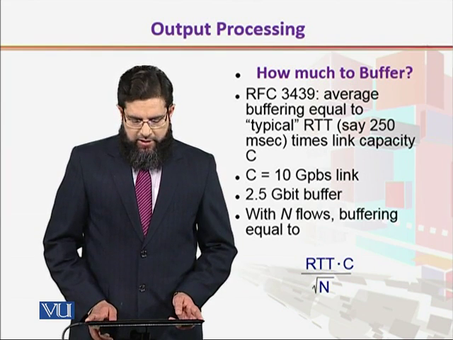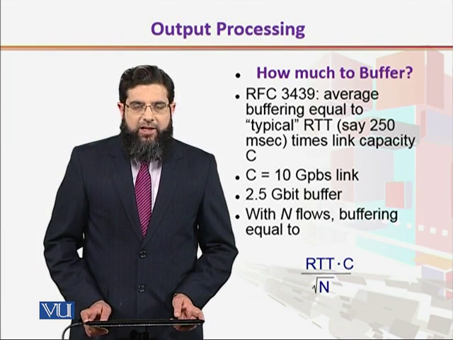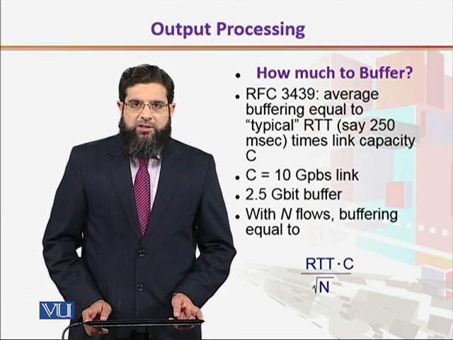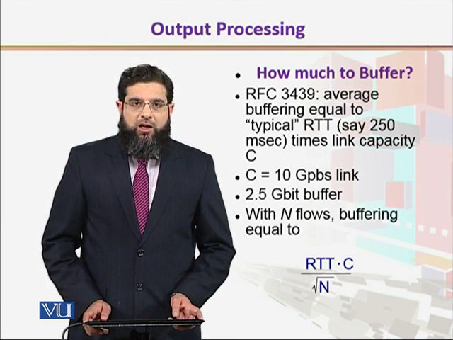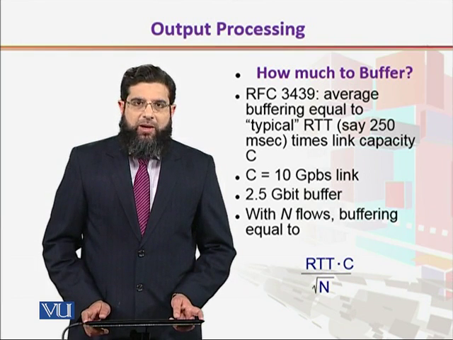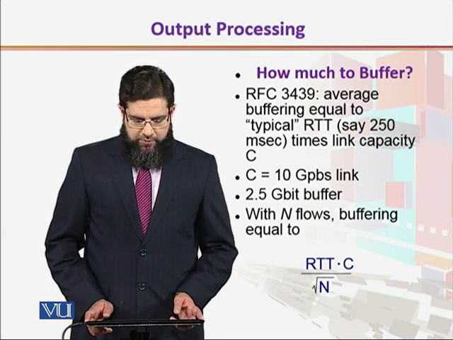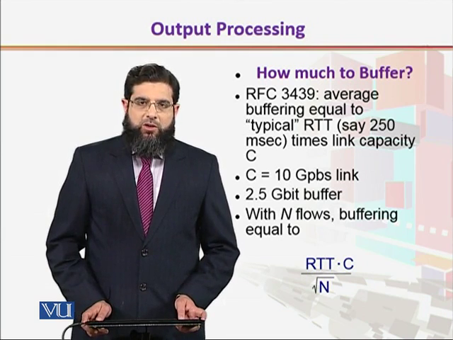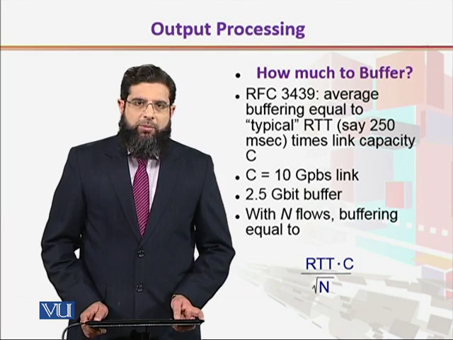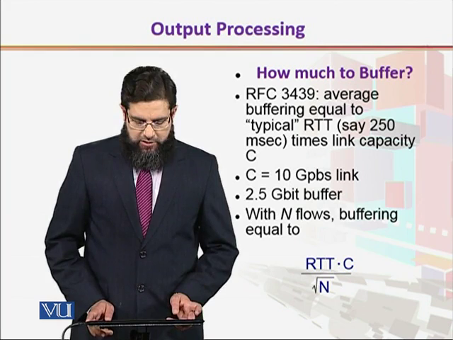For instance, if the round trip time is 250 milliseconds and the link capacity is 10 gigabits per second, this is a scenario where we have a high bandwidth-delay product because we have a very large channel capacity and the round trip time is also large. So we need 2.5 gigabits worth of buffer size.